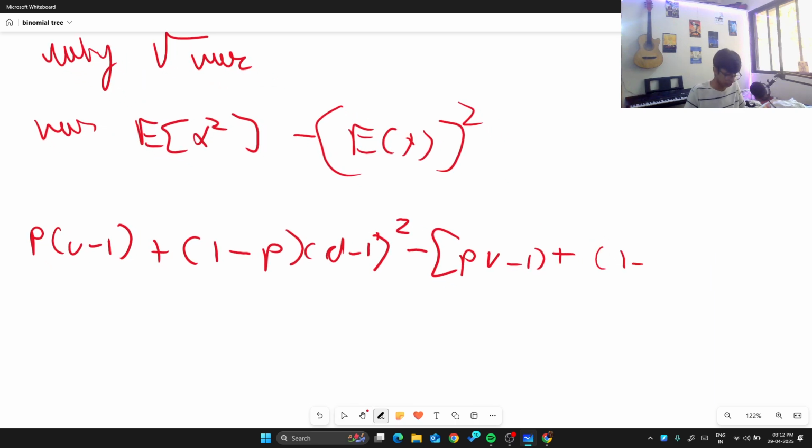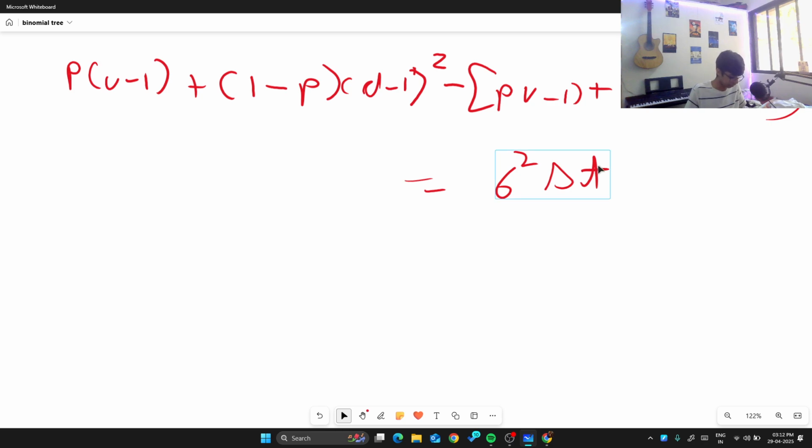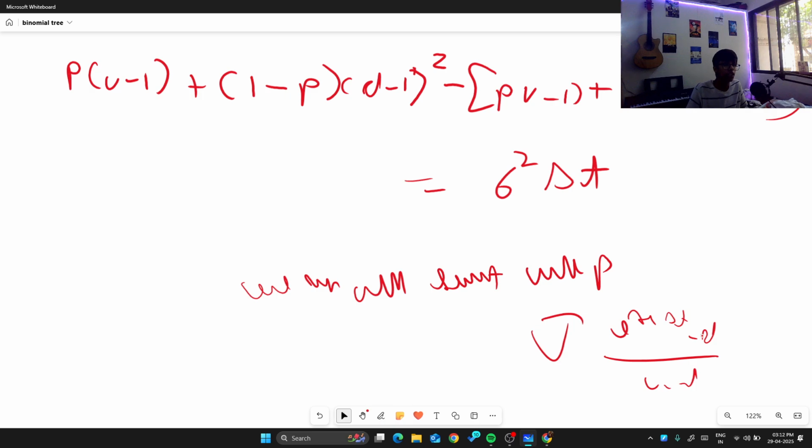Plus (1 minus P)(d minus 1), and that is whole square, and if you solve it you will get sigma square delta T. Many terms will cancel, and from that we can also substitute the value of P into the equation, right?